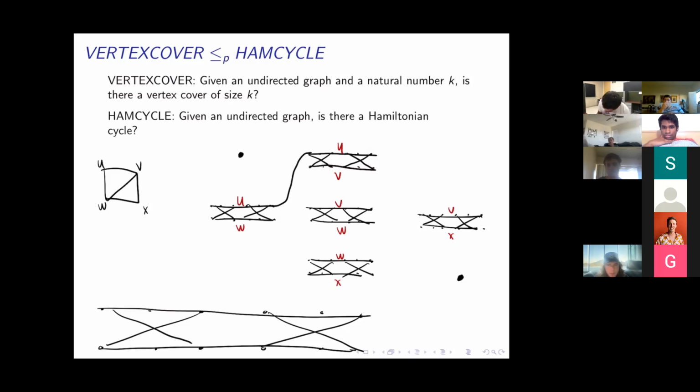For V, I connect V and V with V. Similarly, for all the W's, we connect the two W's together. Sorry, there's a third one. So we connect the W to W, and then we connect X with X.